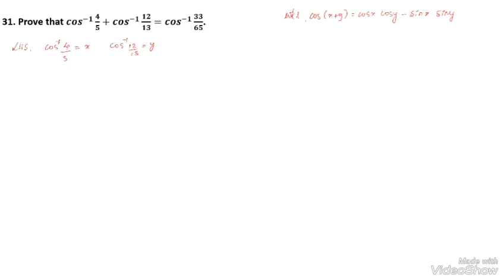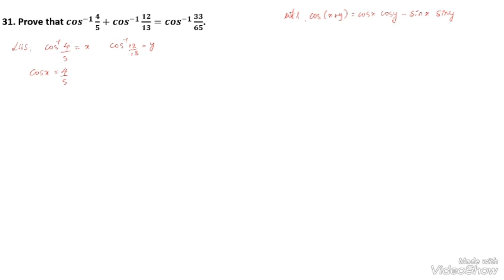Now again here I can take cos inverse of 4/5 is equal to x. Then taking cos on the right side, it becomes cos x is equal to 4/5. Then in this formula, we can substitute. Now we have the values, but we don't have sin x and sin y.